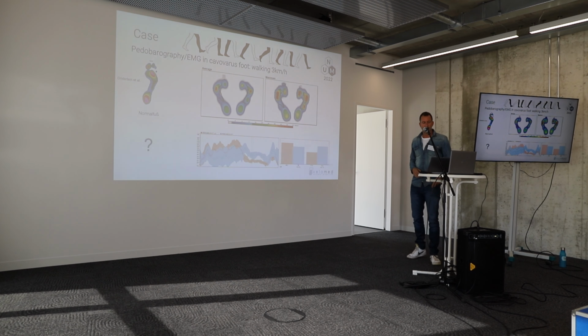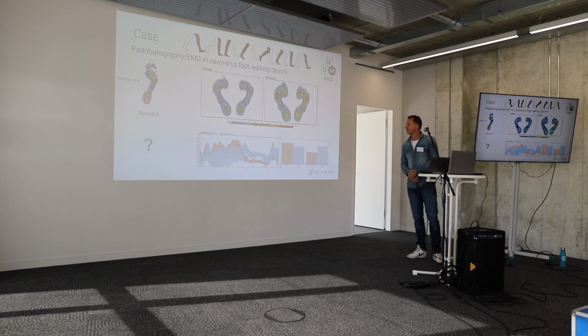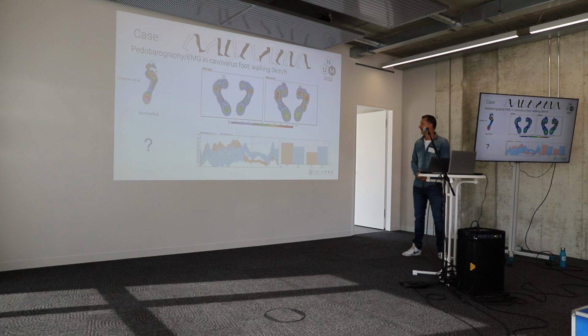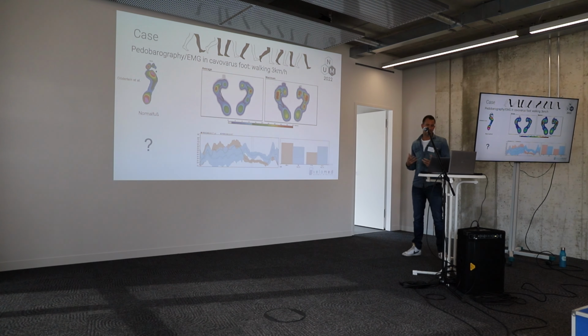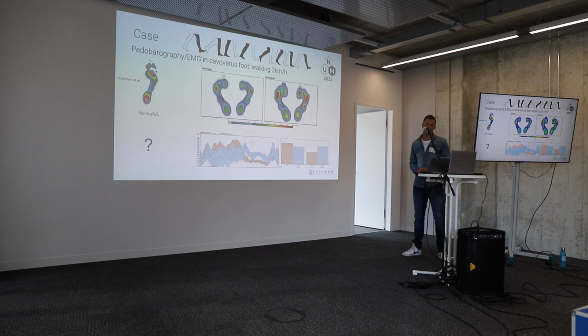We also know pretty well what the EMG results look like in patients with cavovarus feet. On the other hand, we don't have any official reference range for the activity of the peroneus muscle. But what we can see in his case is that the activity, which is typical for that deformity, was pretty high.